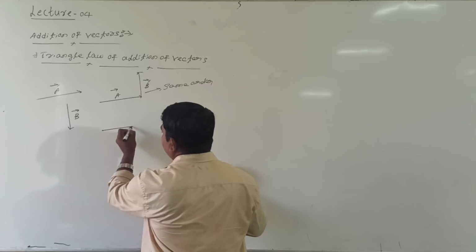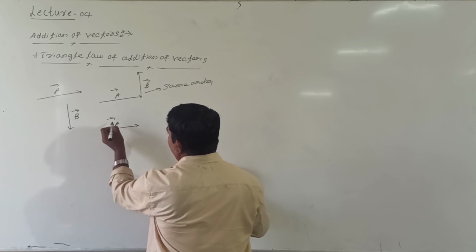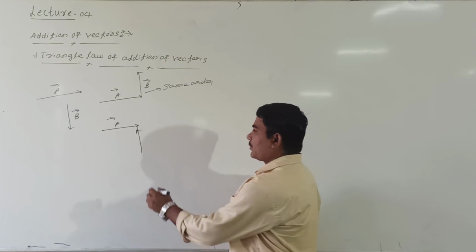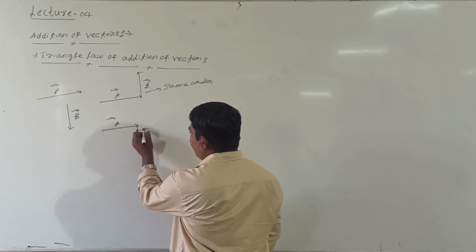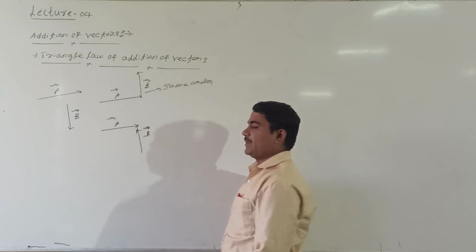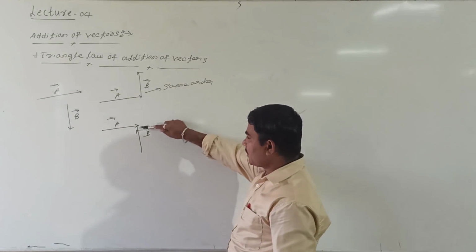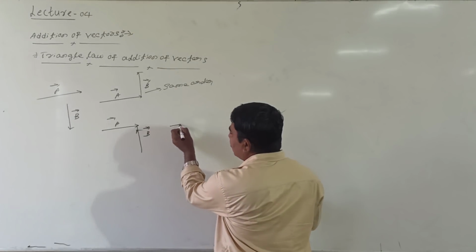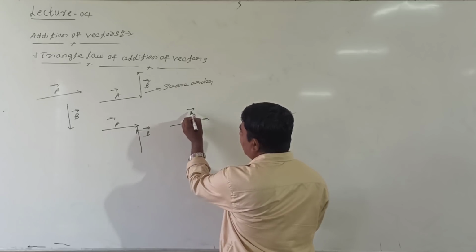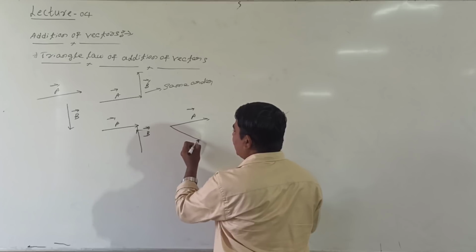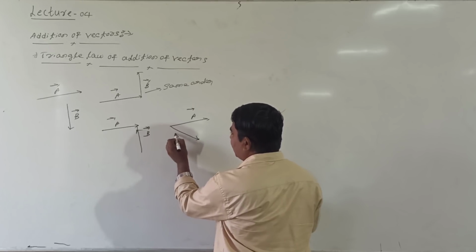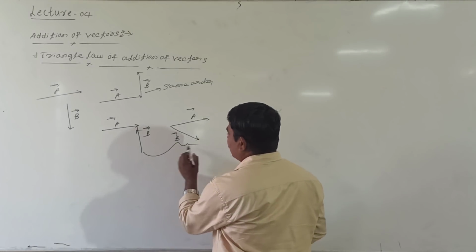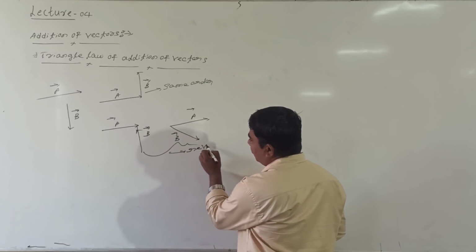If this is vector A, and I represent this other vector by V, then the head of one vector coincides with the head of the other vector, or a possibility like this also: the tail of one vector coincides with the tail of the other vector. These both we are calling reverse order.